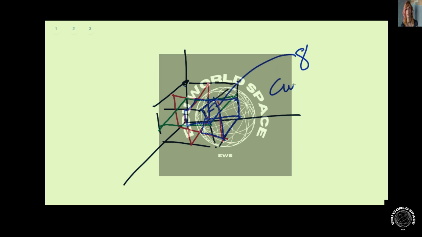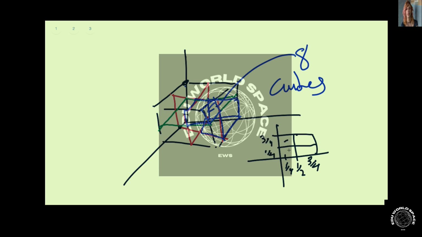Okay, so 8 cubes. And if we take a look at these points here, well, just looking at it in 2 dimensions, this is 1/2, so this guy is 1/4, this guy's 3/4, 1/4, 3/4, and we're taking the midpoints. Okay?